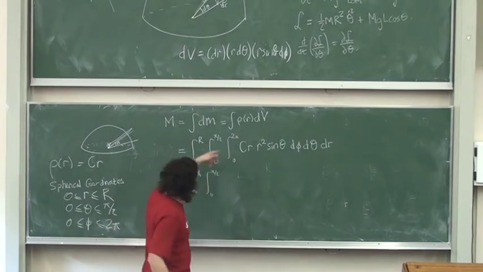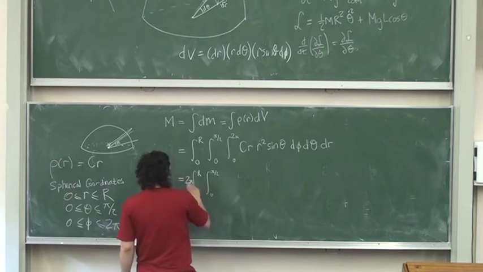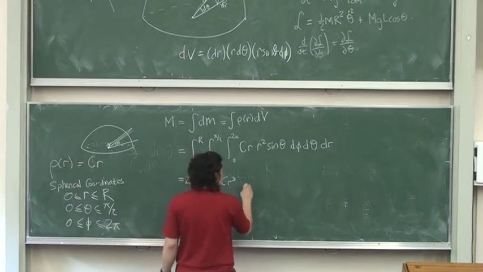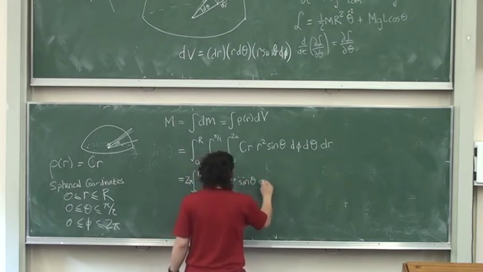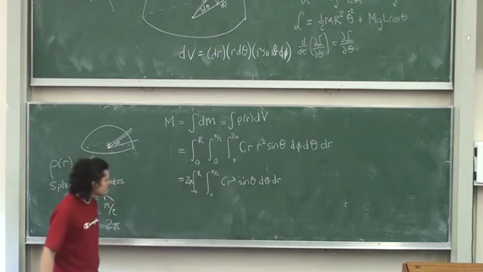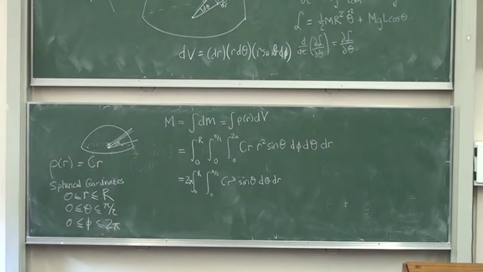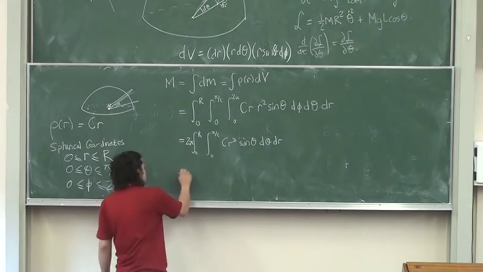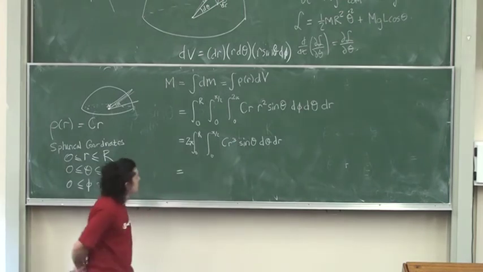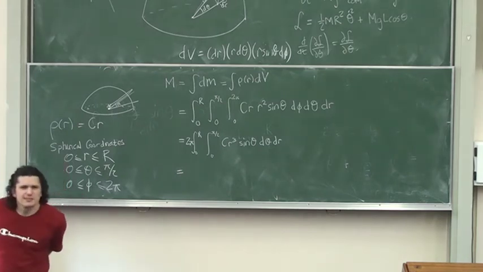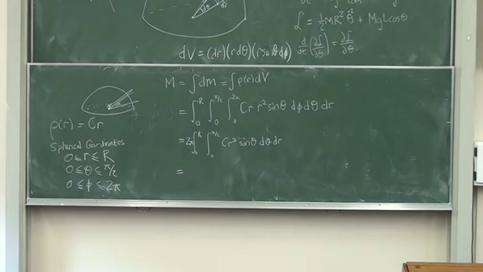We may as well do the d phi integral. 2 pi C r cubed sine theta dr. Take the C out, the r integral and the theta integral now need to be performed. It's a bunch of integrations. I'll just write the answer down as soon as someone's completed it and shout it out.